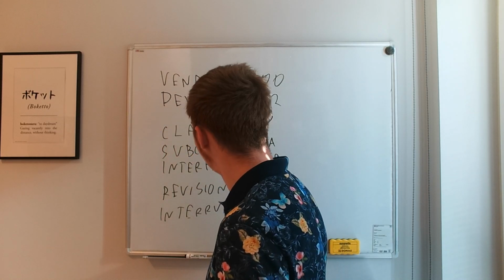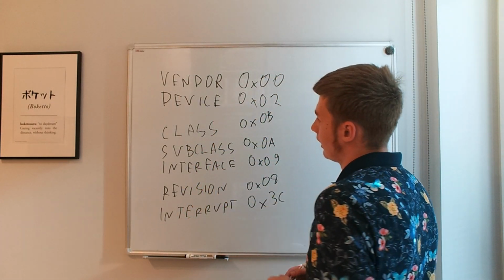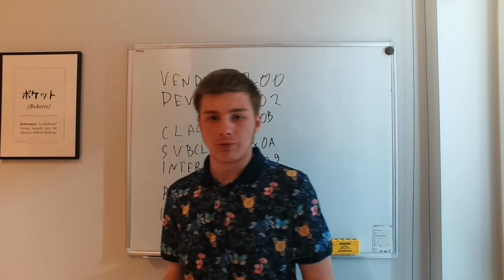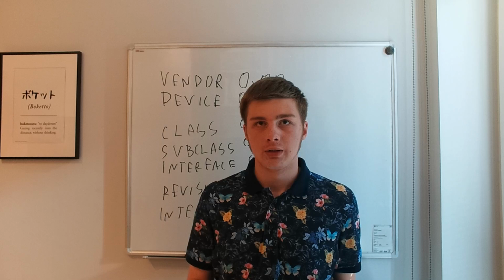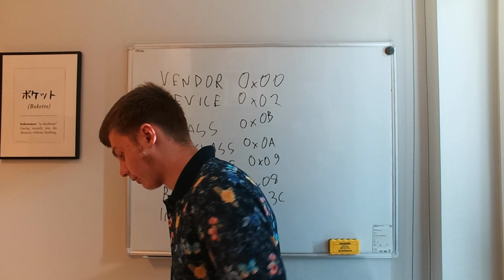And I can show a use case of how those values can be used. So, for example, the class and subclass. There are standards that specify, for example, if the class is this and the subclass is this, then you know that this device is something. That is very abstract, but I will provide a very concrete example.